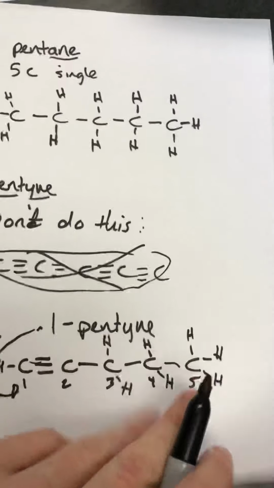All right, let me give you another example. Let's say I wanted to draw 2-hexene. So we'd first have to pay attention to the fact that this tells you there's 6 carbons. This 2-ene tells you there will be a double bond on the second carbon.